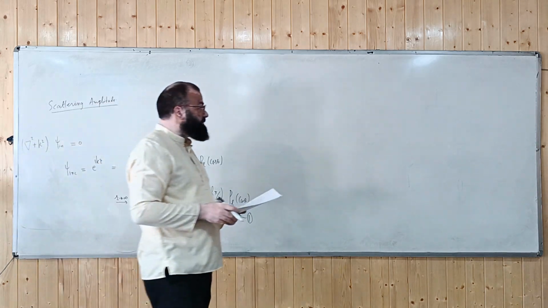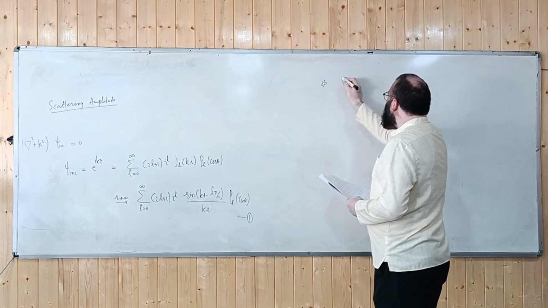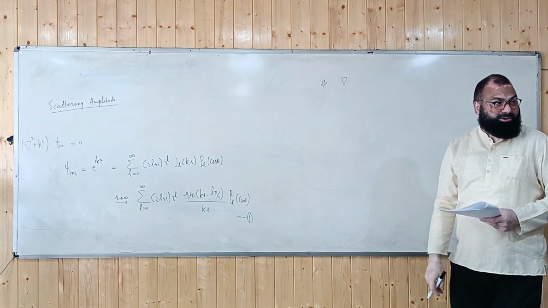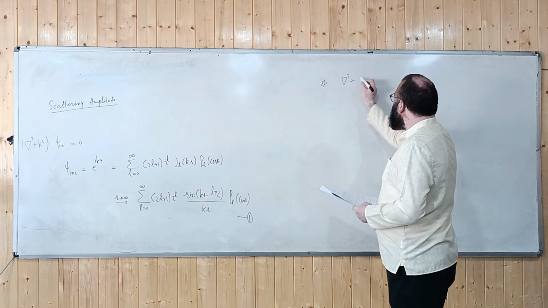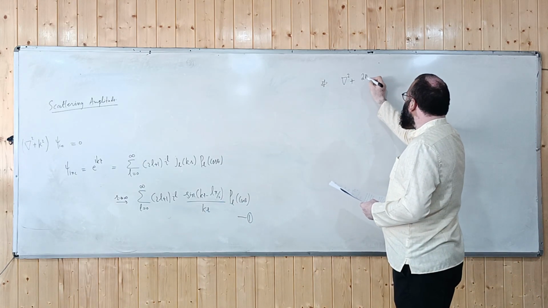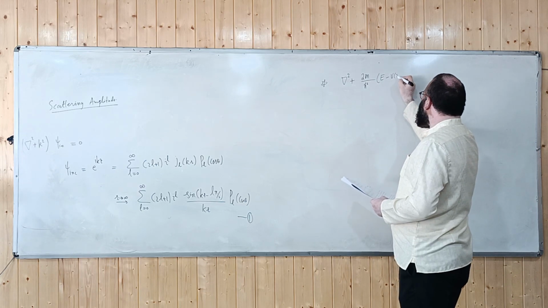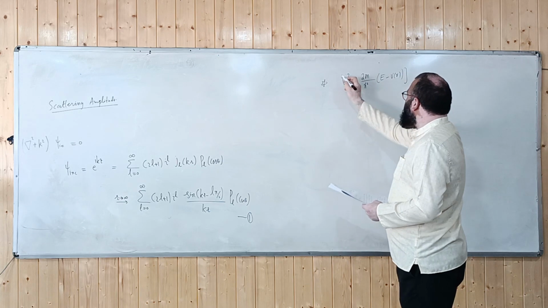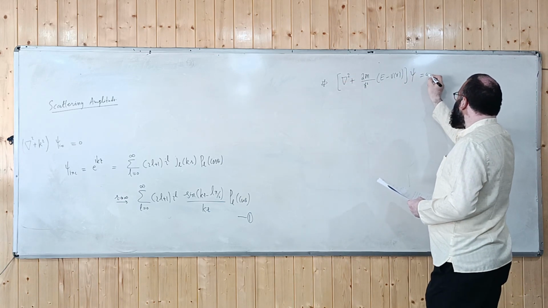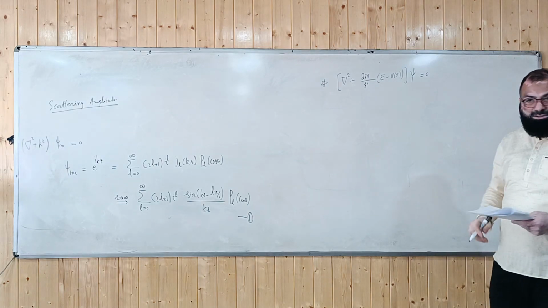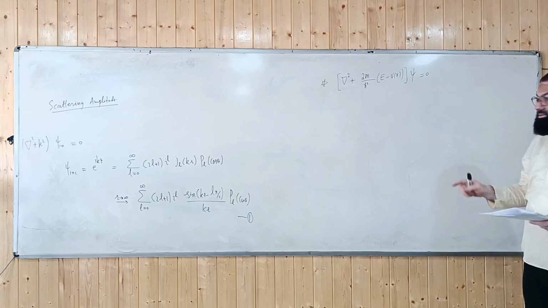Then we have solved this equation. Now we consider the potential. So your equation is like this: (2m/ħ²)(E − V(r))ψ, again equal to 0. So what is this ψ? This is the asymptotic wave function.